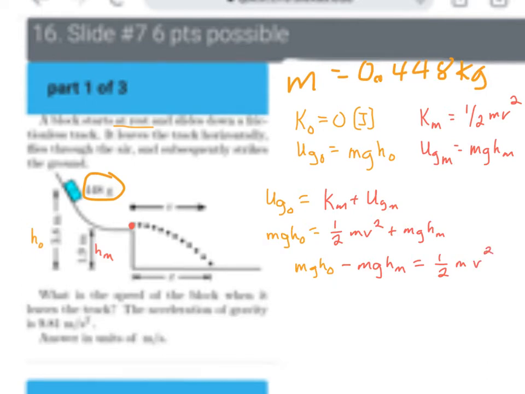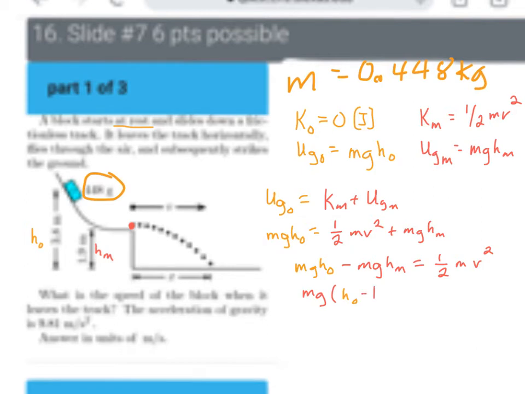Alright, so you can imagine where this is going. I can go ahead and pull out the m and the g. So the m and g can come out of that part, and that leaves h naught. Actually, let me keep my color coordination. That way you know where we're pulling that number from.